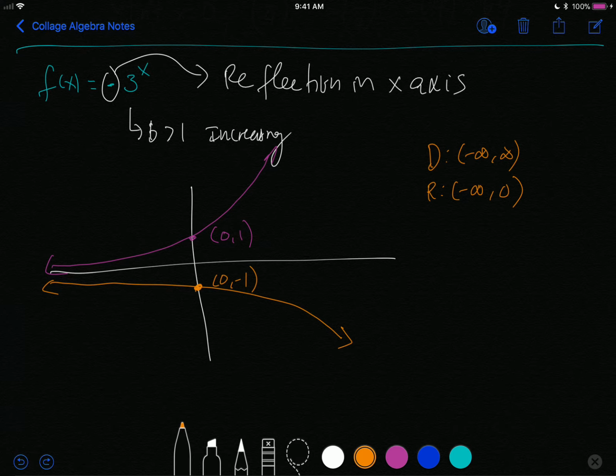By the way, it's important to note that my base is not negative. Because of PEMDAS, I actually have to work this out first and then multiply by the negative. PEMDAS says I must do the power first, and so my base is not negative. I am just multiplying by a negative after I work the equation out. Okay, so my graph is now decreasing.